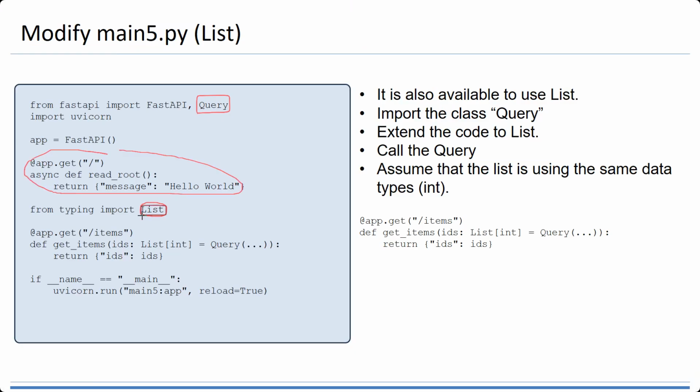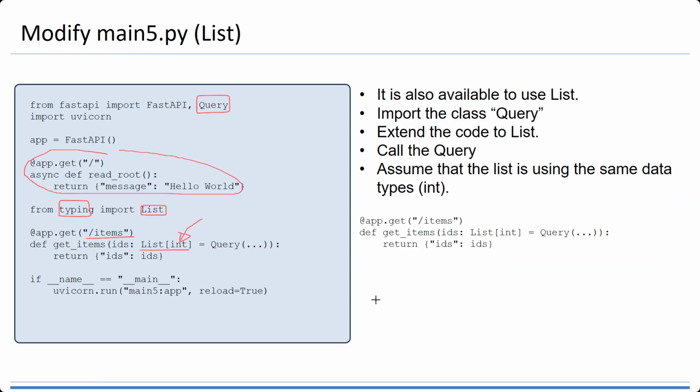The list here is a data type from a Python library, which is typing. And let's suppose I'm going to get some items, and I want to have the list. The data type in the list is integer, so the values that you put into the list should be integer values.